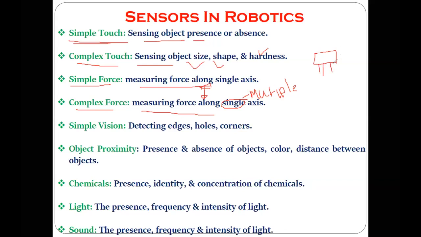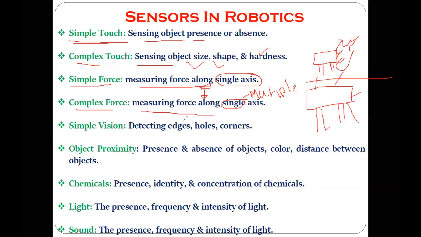If you are trying to move this table with a single hand, then this is considered a force along a single axis, for example. But if you try to move this table with more than one hand, by more than one person, from different directions, then this is considered a complex force, so measuring the force along multiple axes. Okay, got the difference between the simple force and the complex force?